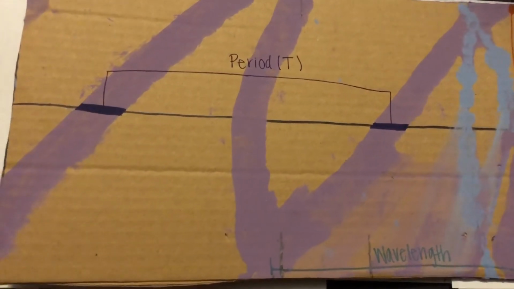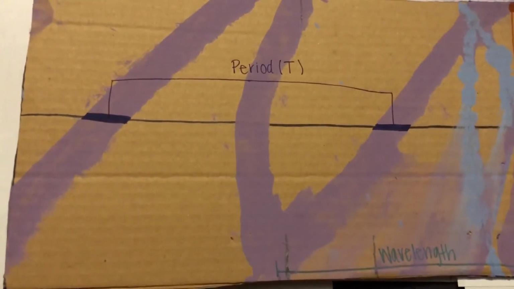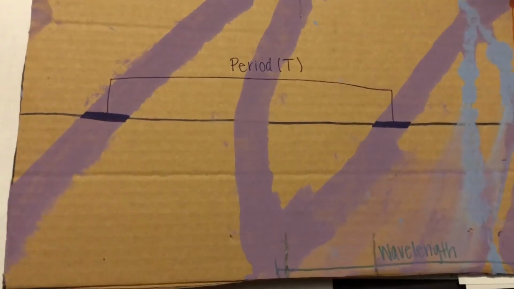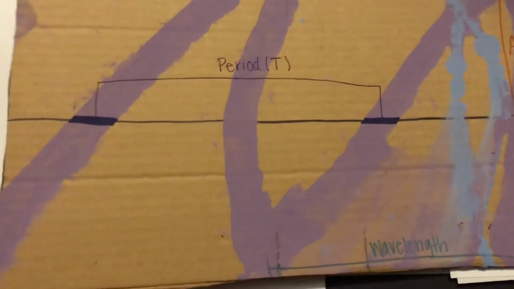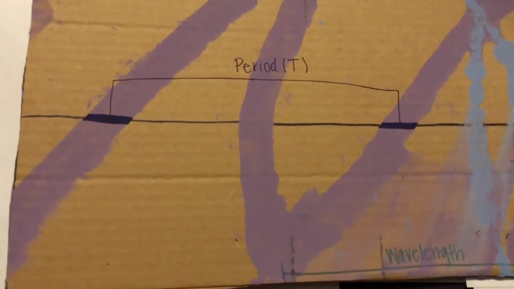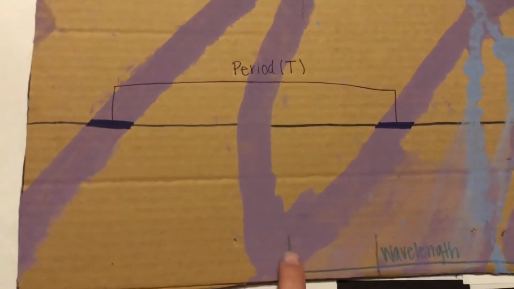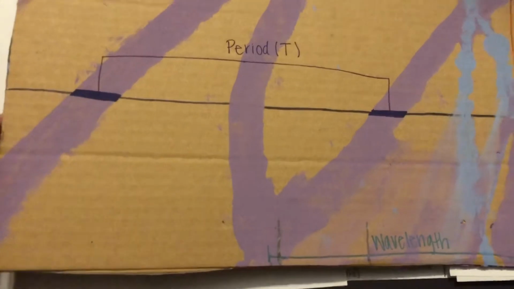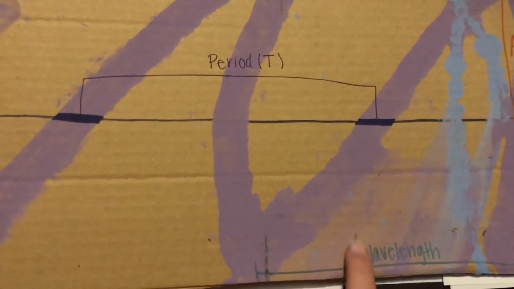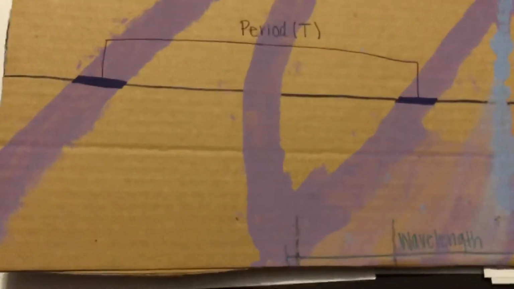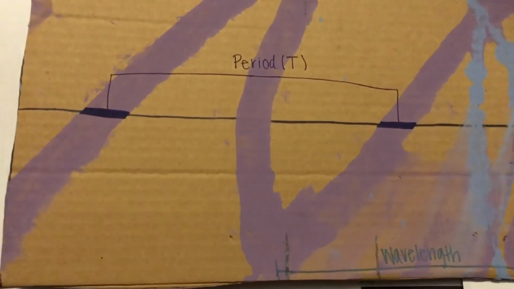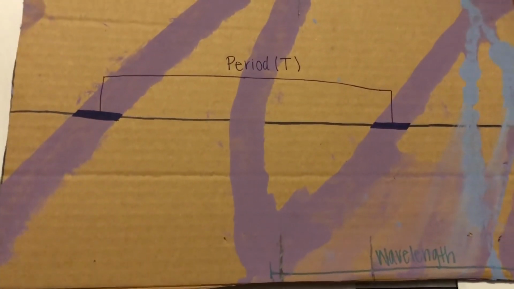So, like I said earlier, my period actually ended up being pretty well in terms of the 1 second. So it looks like here that it isn't too hot, because you can see 1 second is marked there if you look at the video, and the second is marked here. And so you would think I'm actually pretty off, but really I wasn't very good at pulling the cardboard consistently.